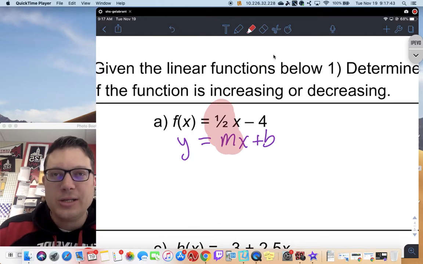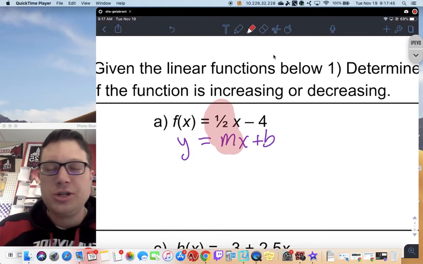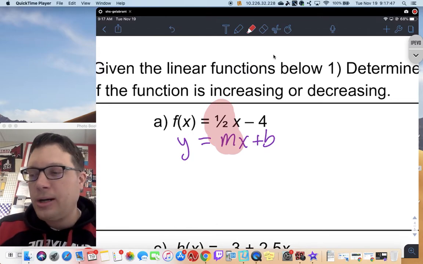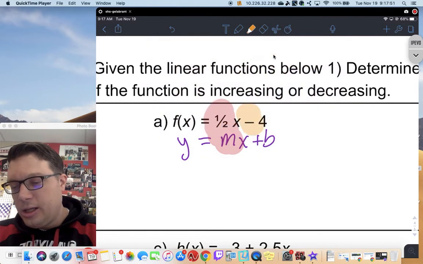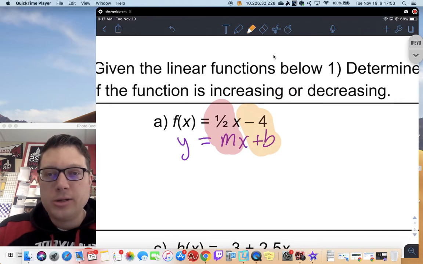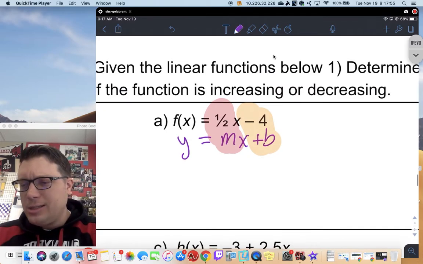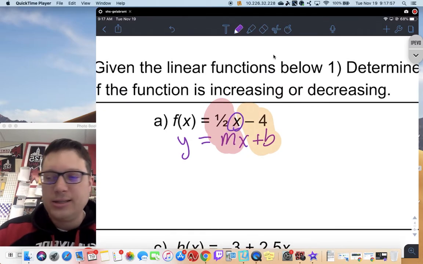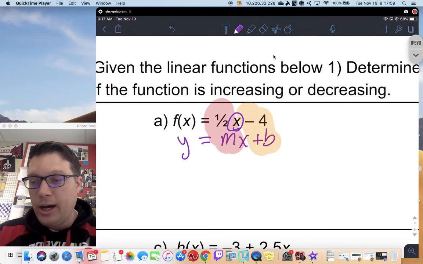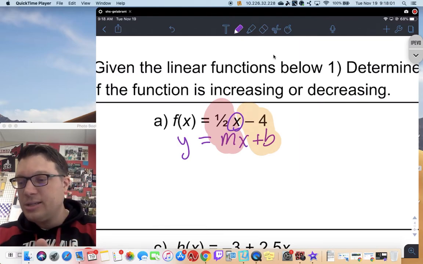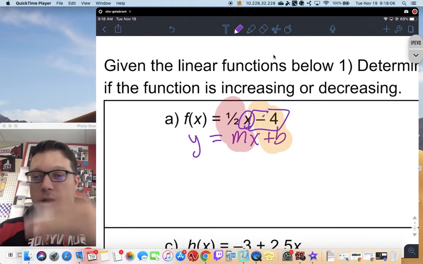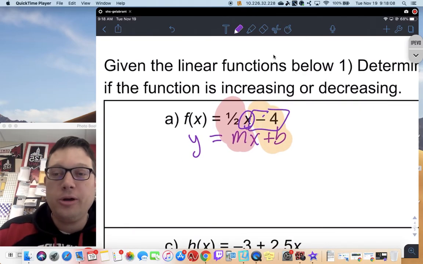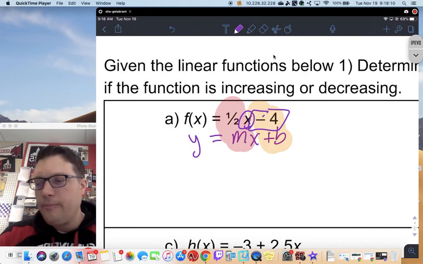That means the line is going up, rising positive, running positive, so an increasing function. On the other side, this -4 is your y-intercept. We know that because if you put a 0 in for x, 1/2 times 0 goes away, so you're on the y-axis, and -4 is how far up or down on the y-axis you put your value. So b is -4.